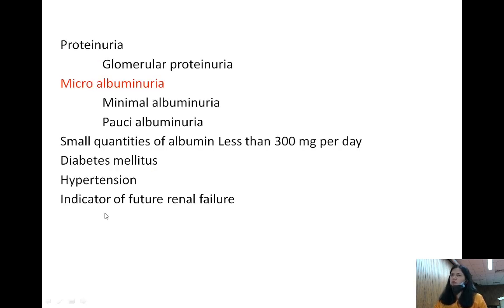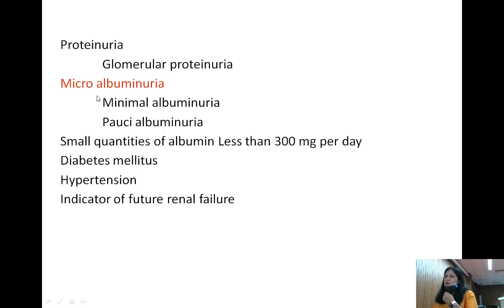There is a condition known as microalbuminuria. What do you mean by microalbuminuria? When the albumin excretion in the urine is between 30 to 300 milligram. When the excretion of albumin in the urine is between 30 to 300 milligram, that condition is known as microalbuminuria.